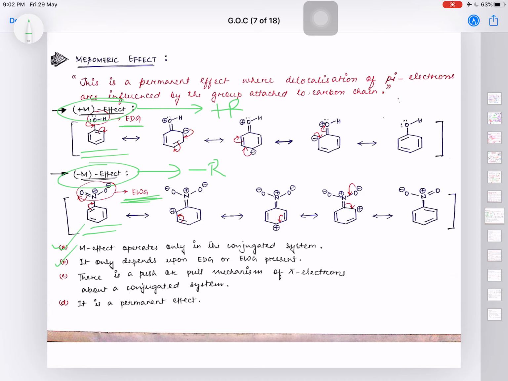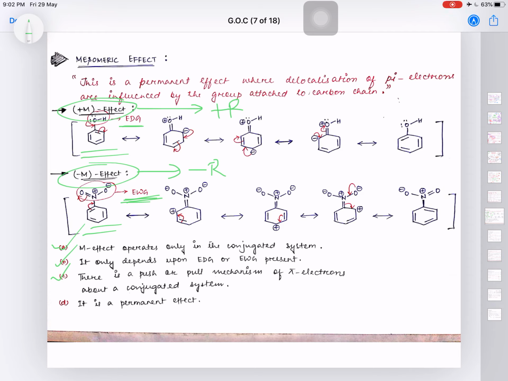It depends upon whether the group is electron donating or withdrawing. If you have an electron donating group, you get a positive Mesomeric effect, meaning movement or delocalization of electrons will be from the group towards the ring. If you have electron withdrawing groups, then you have delocalization of pi electrons from the ring towards the electron withdrawing group.